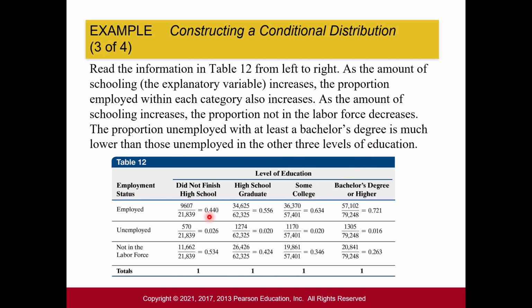Just notice as we move right and the level of education goes up, so do our relative frequencies for employed. But for unemployed, it goes down as your education level goes up. And for not in the labor force, it's also going down for the higher education levels.